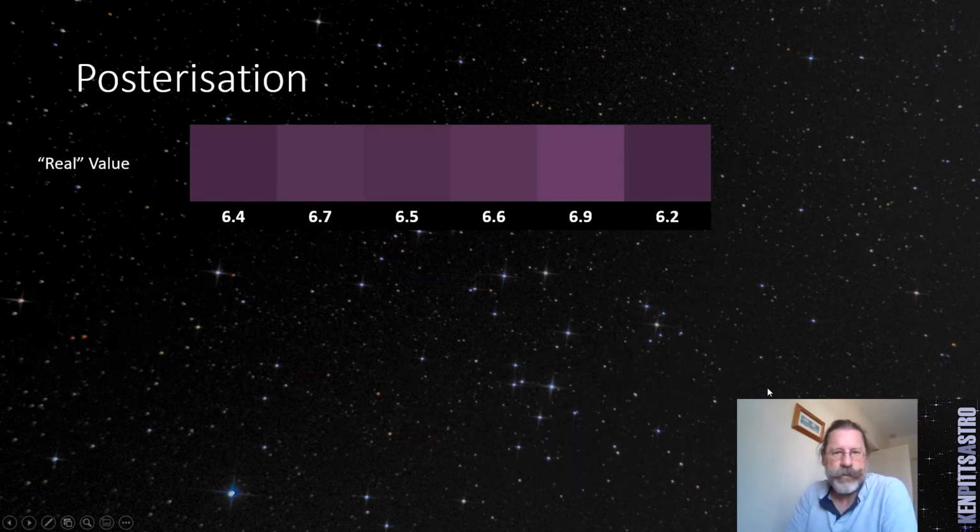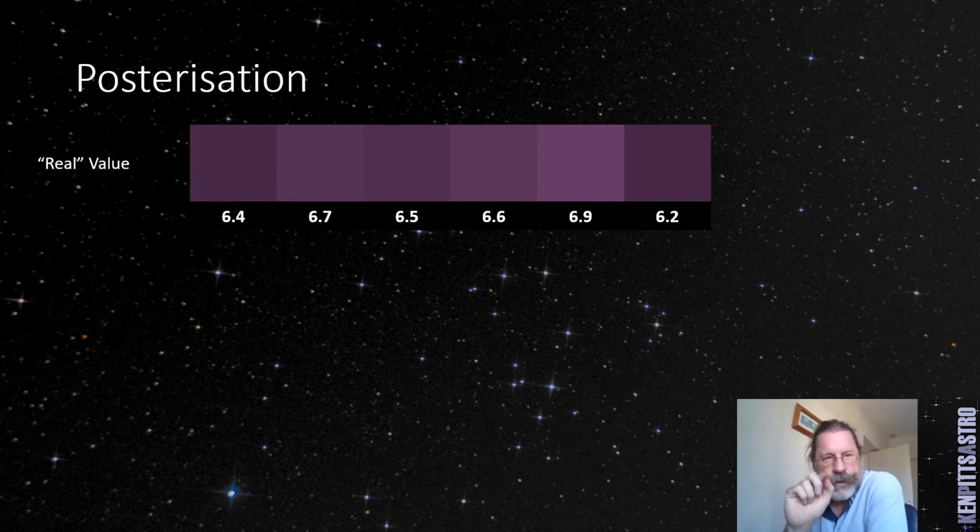So let's look at posterization close up. In this little row of 6 pixels, let's say the real value, if the starlight was recorded exactly as it hit the sensor, would go up to a value of 6.4 for this pixel, 6.7, 6.9, 6.2 and so on, and you would get this range of colours. However, sensors can't do that.